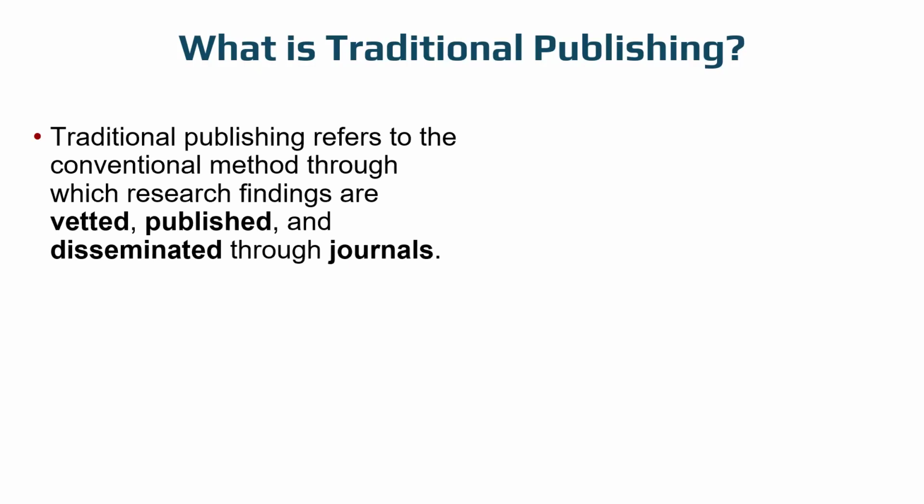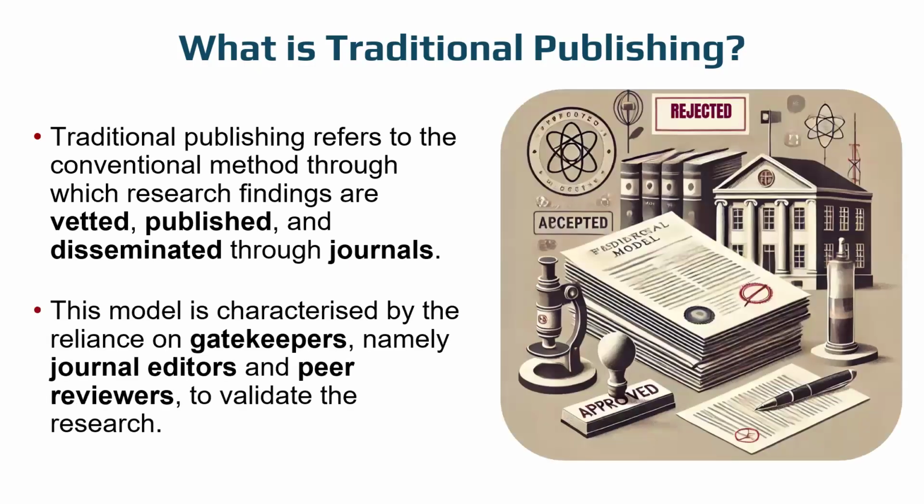And in this model, what we have is what is known as gatekeepers. These gatekeepers are the journal editors and the peer reviewers, and these are the persons who are supposedly able to validate the research and say whether this research could be published or not published. So this is what we mean by the traditional publishing model.